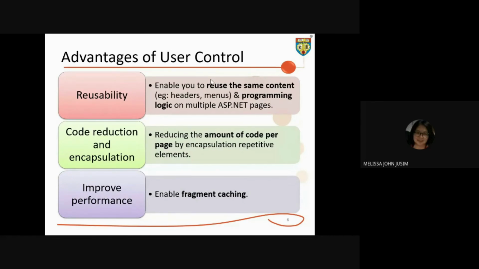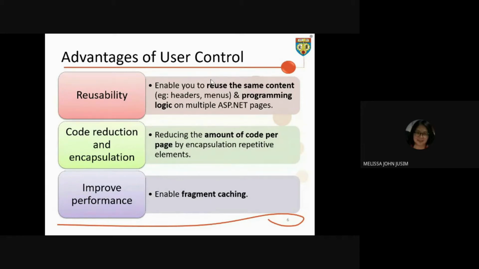Now, look at the improvement of the performance: enable fragment caching. We have learned about caching, for the server side and also client side. Normally, with page caching or output caching, we will cache the whole page. But if we use user control, then we can enable fragment caching. Means there's no need for us to cache the whole page.